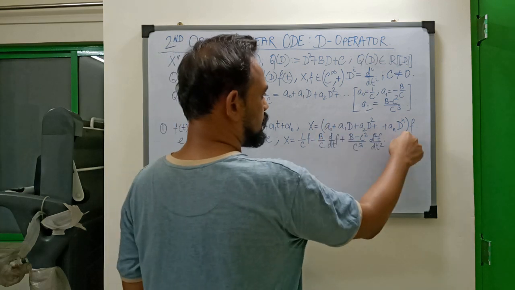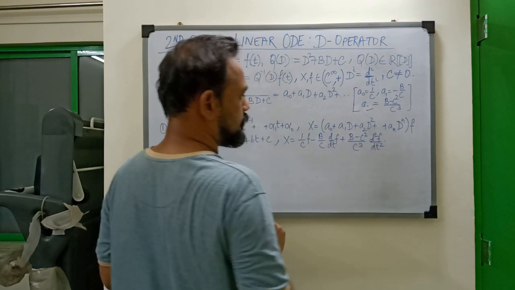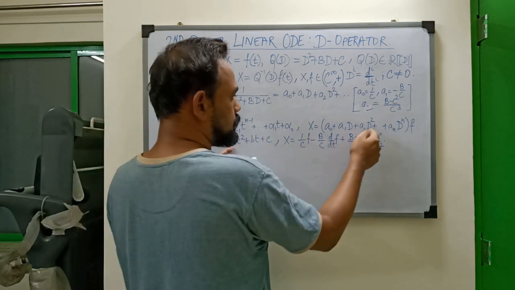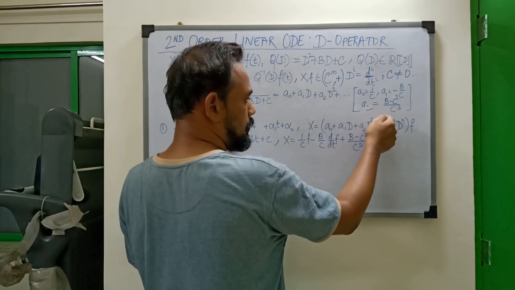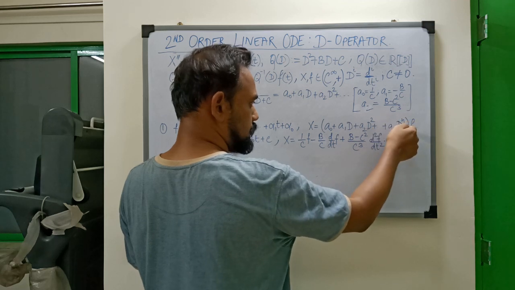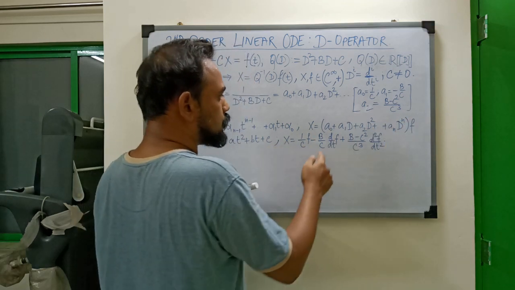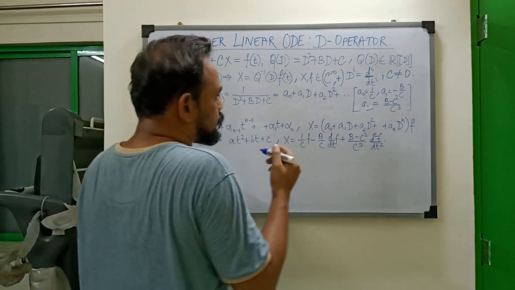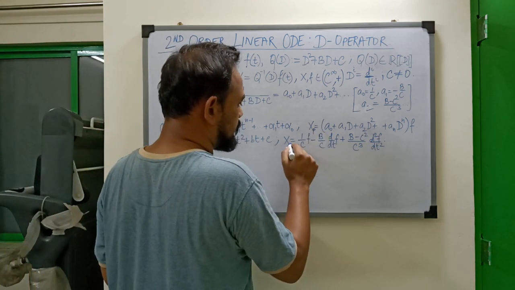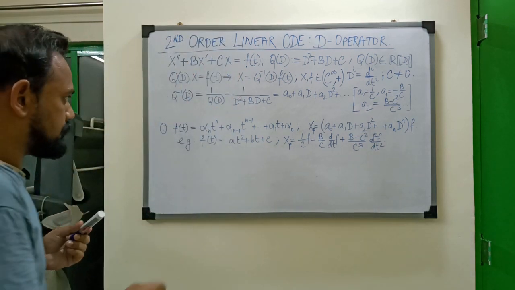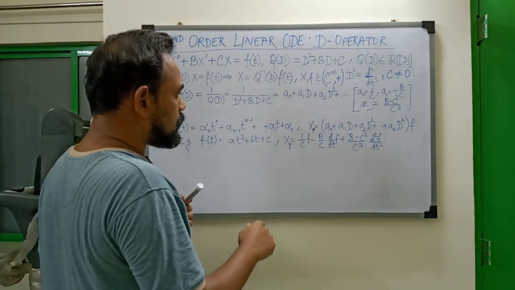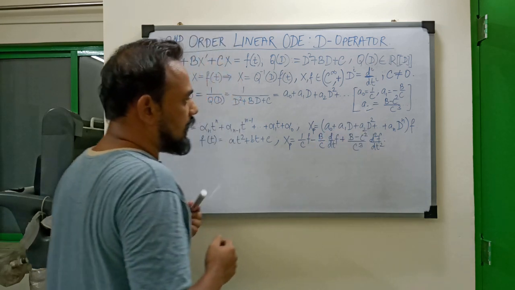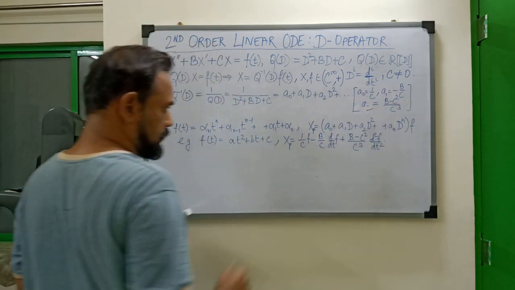Because F was a second degree polynomial, there was no need to put in d to the power 3, d to the power 4 terms, because they would differentiate this to 0. So it was enough to find that x the last time. What I mean by x is really xp. That is, we are finding the particular solution of this differential equation. That x or xp was given by only calculating up to A2, and we ignored the rest of the terms.